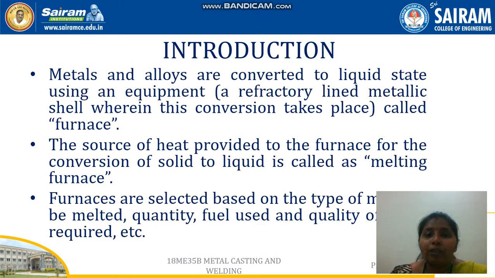So a furnace is nothing but a device or a chamber which we use for melting metals and alloys from a solid state to a liquid state by supplying heat. They are classified based on the type of metal melted, quantity used, fuel used and the quality of metal required.